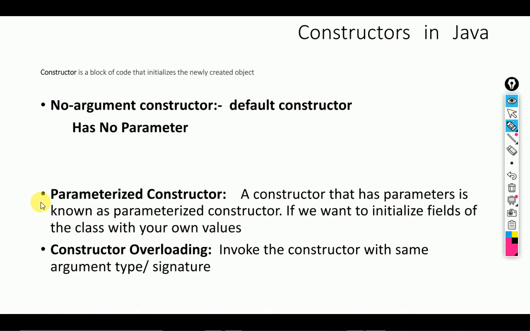A parameterized constructor means it is associated with some data, some parameters, or some signature. After that, we will learn constructor overloading, how overloading works in constructors. So let's begin with the example.